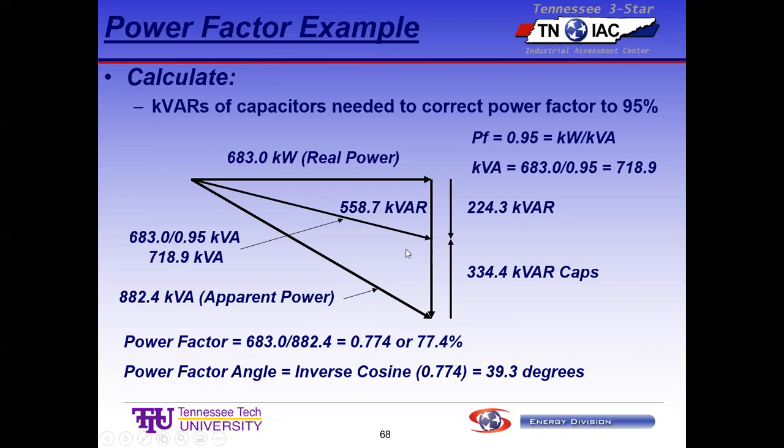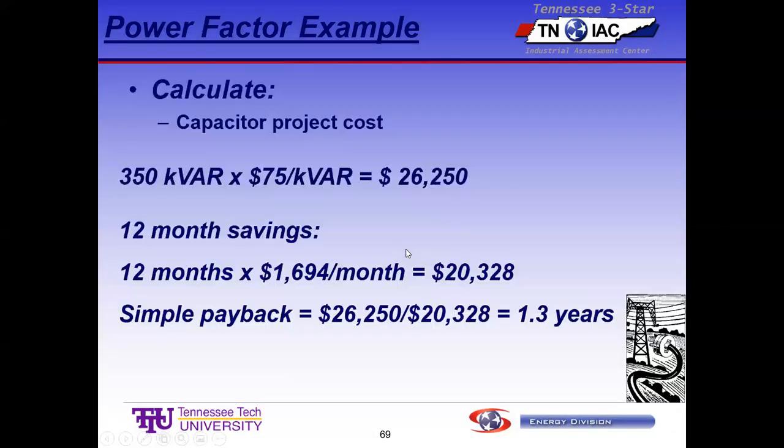So, you know, if you do it with fewer banks or one big bank, then that $75 might turn out to be $35 or $40 for the project. There's always more detail you can drill down to. Okay, calculate. So anyway, I said I'm going to buy a 350 bank, 75 per, $26,250.